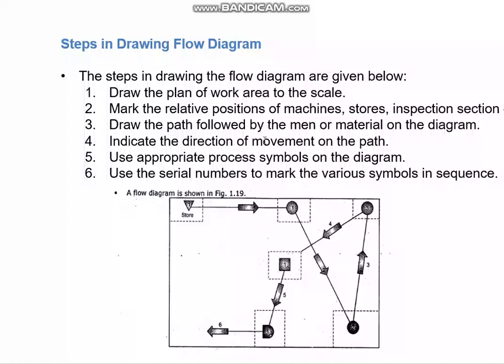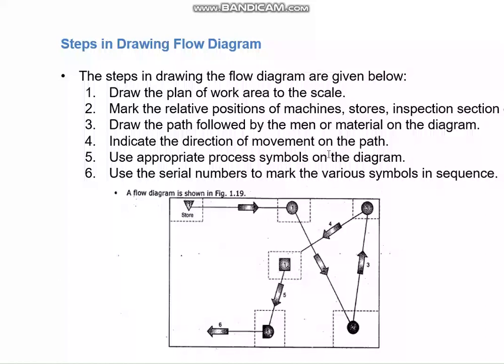Then draw the path followed by men or material on the diagram. This is the path: from the store it started, and this is the first transport, first operation, second transport, second operation, third transport, third operation, fourth transport, first inspection, fifth transport, first delay, and then sixth transport. You see, this is the path.